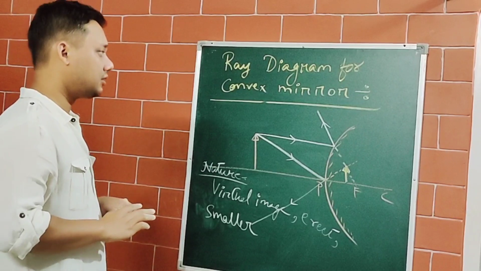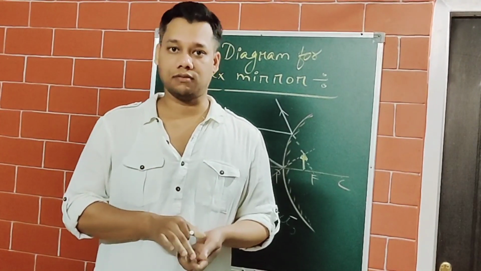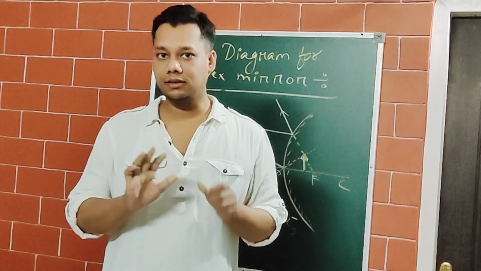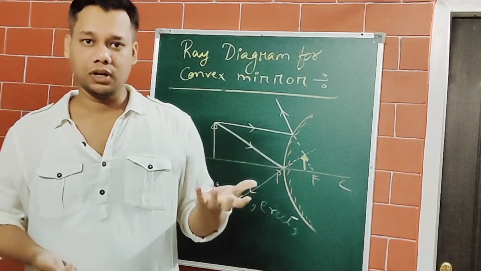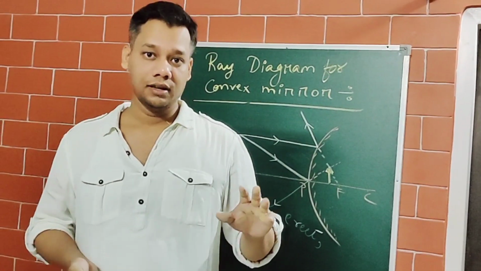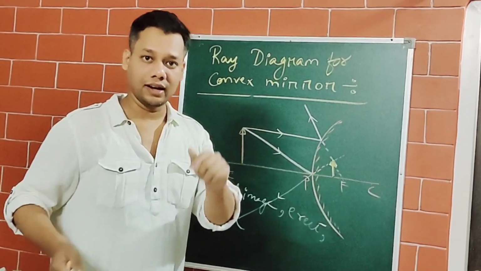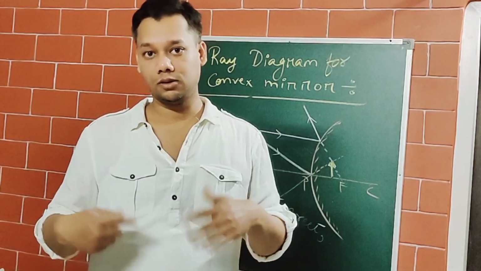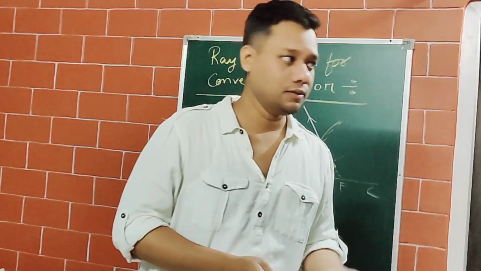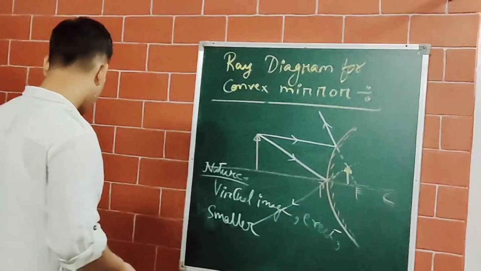Next we will see mirror formula. Mirror formula derivation is required in class 12. In class 10 these derivations are not required. We are directly using the formulas. But in class 12 everything that I am teaching here is required, plus all the derivations are also required there. So this topic is very important for class 12 physics also.